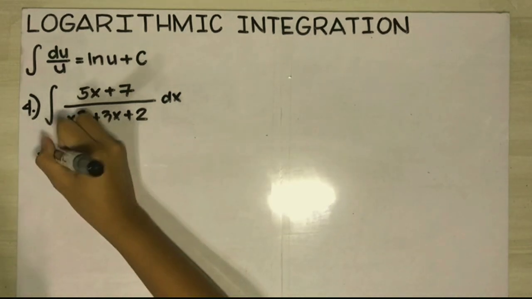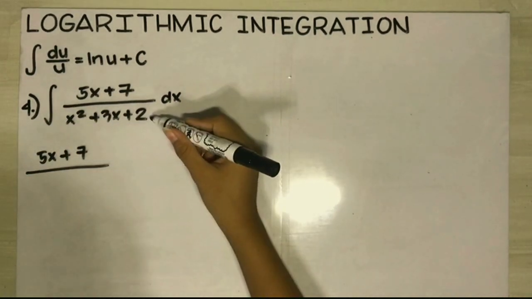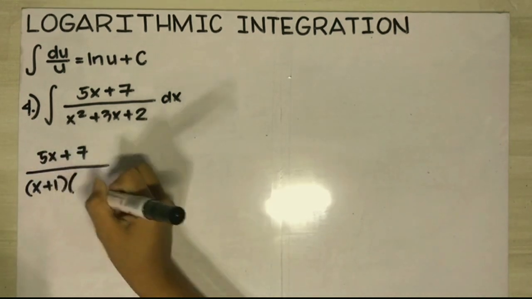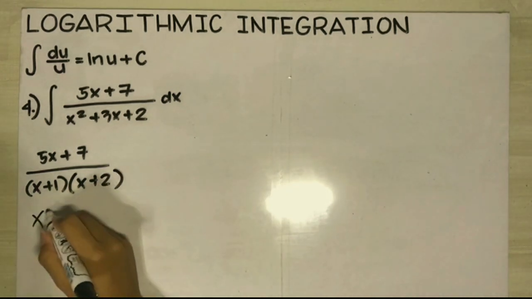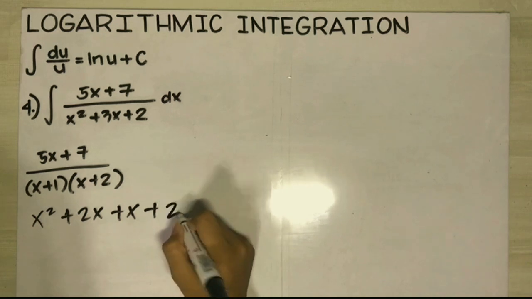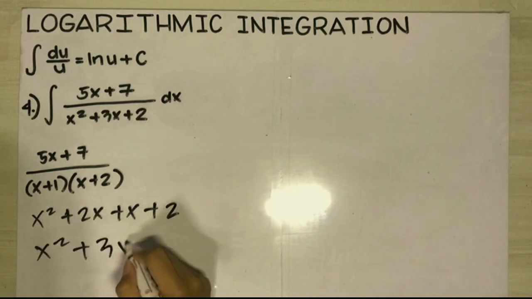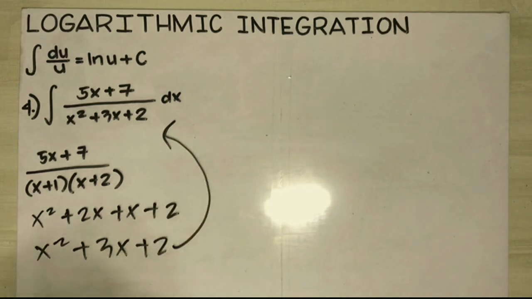So, 5x plus 7 all over, what is the factor of this? x plus 1 times x plus 2, right? So, let's prove this. x squared plus 2x plus x plus 2. When we simplify this, it is equal to x squared plus 3x plus 2, the same as the denominator.